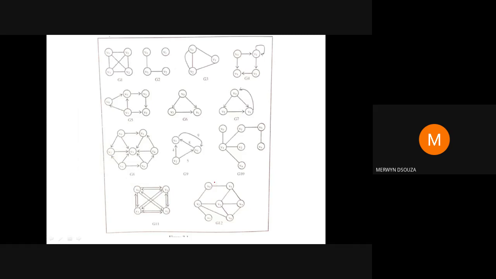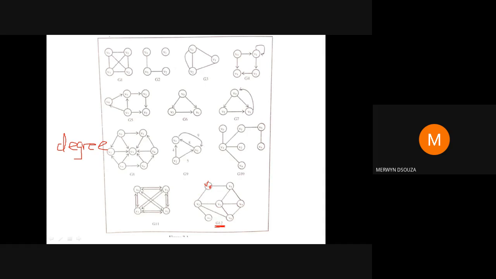The next definition you should know is the degree of a node. In an undirected graph, the degree of a vertex is the number of edges incident on it. If you take graph G12 and I ask you to find the degree of vertex V0, you find all the edges containing it.